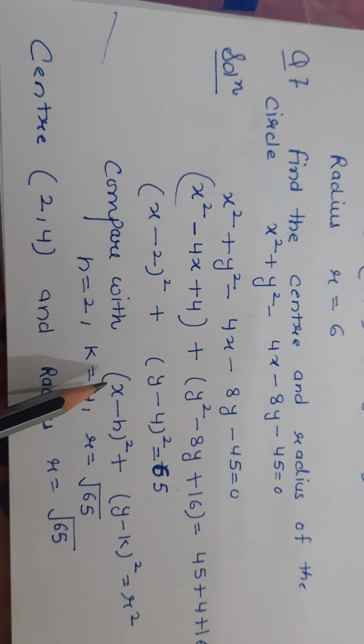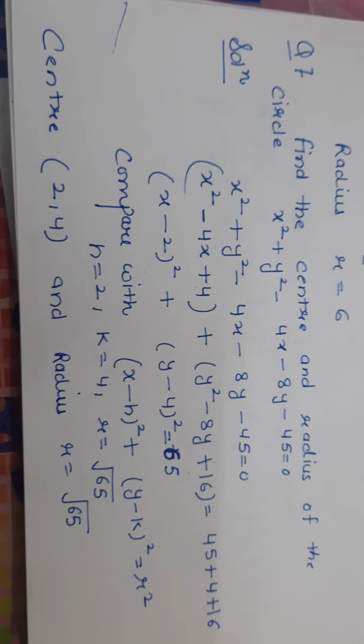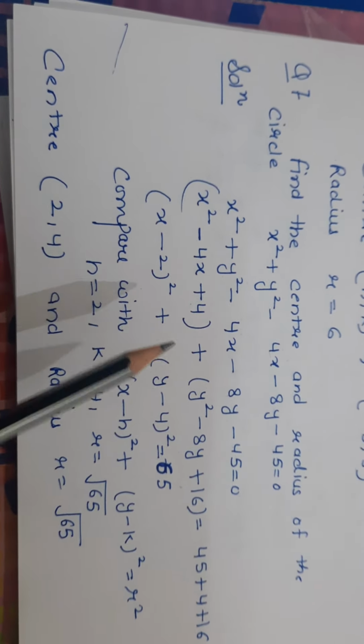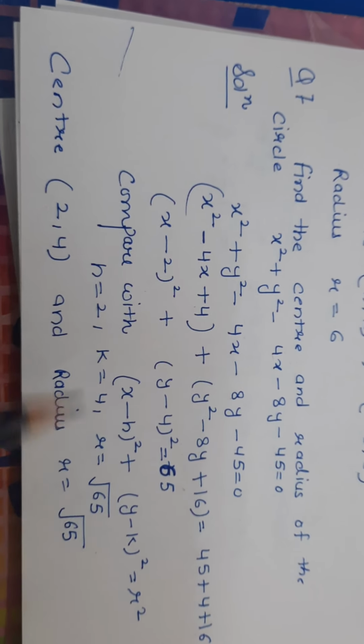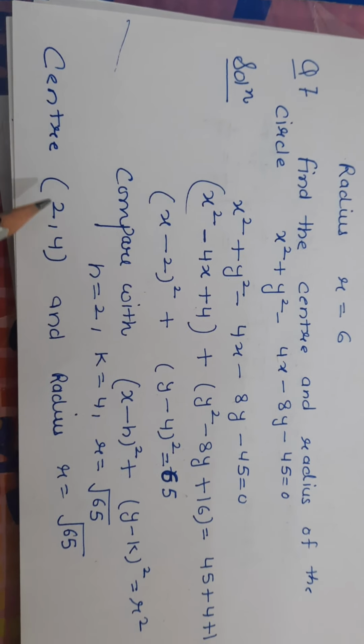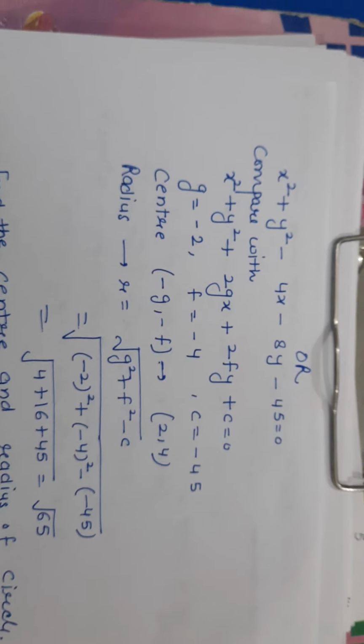Now compare with the standard equation (x − h)² + (y − k)² = r². So h is 2, k is 4, and r is root 65. So your answer: the center (h, k) will be (2, 4) and the radius r is root 65.